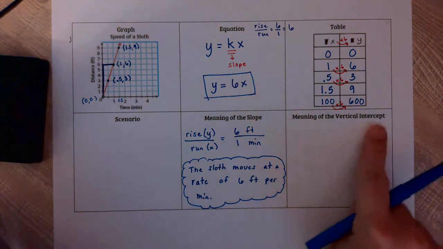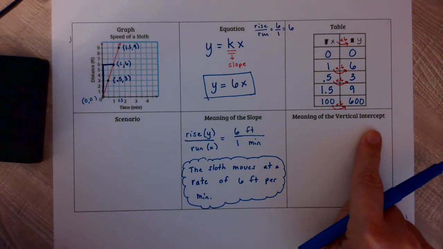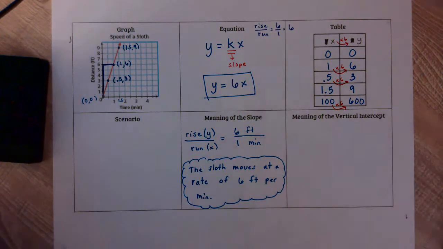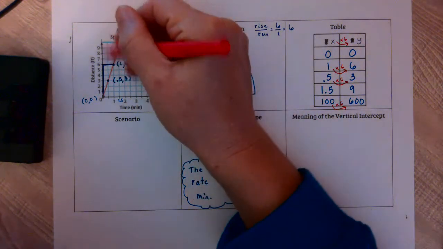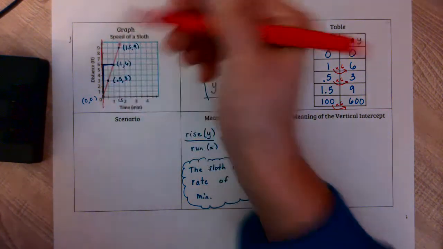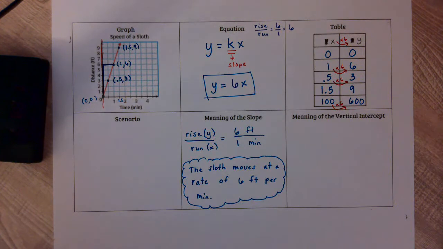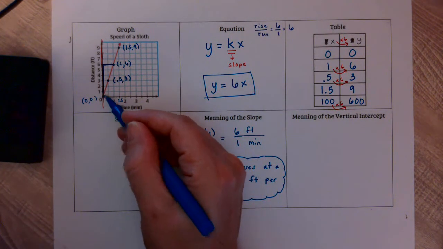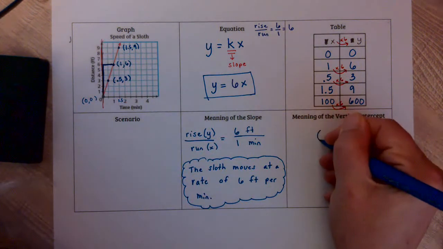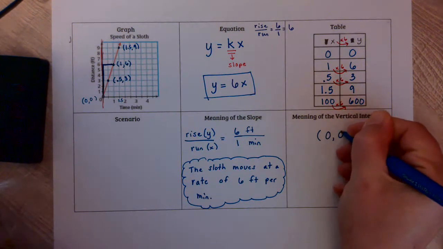So the vertical intercept, that's where your line hits the y-axis. So the y-axis is this axis over here. And we can see the line is actually hitting at this point right here at 0, 0. So I'm going to say the vertical intercept is at 0, 0.